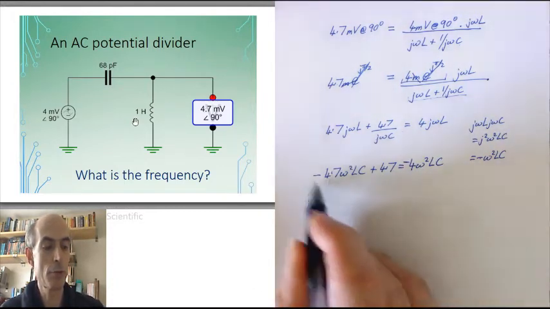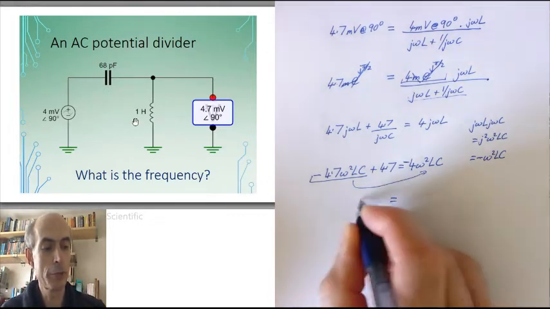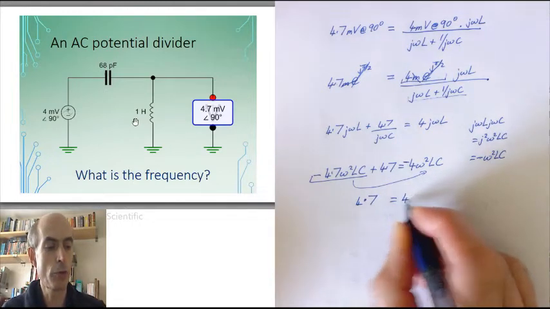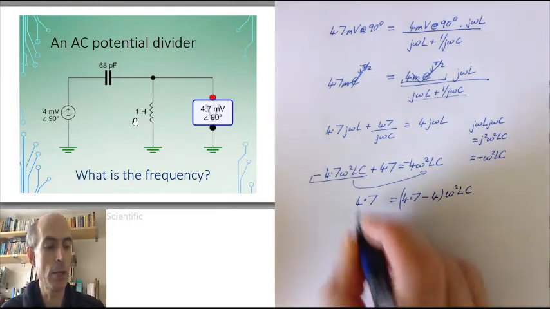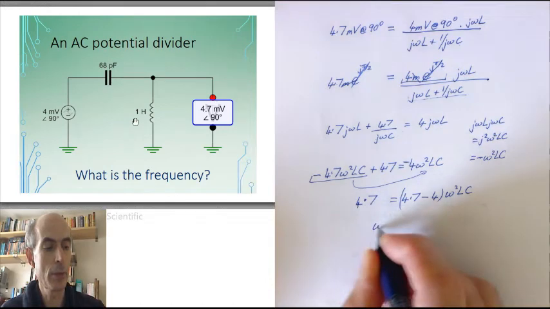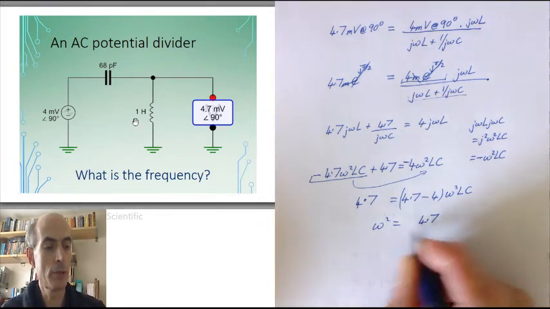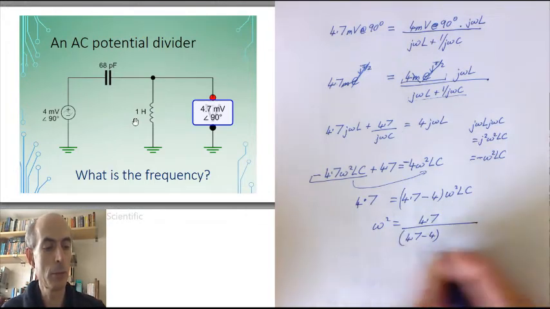If I bring this term here over to this side of the equation, that would give me 4.7 equals 4.7 minus 4, extracting the common factor of omega squared LC, and therefore that omega squared is 4.7 divided by 4.7 minus 4 times LC.